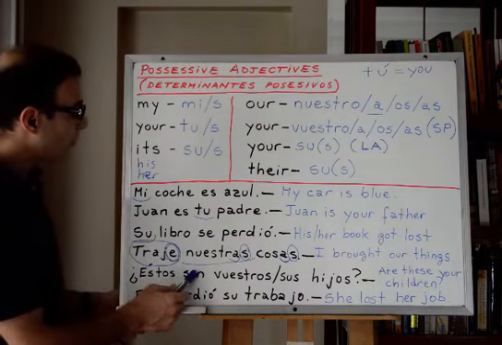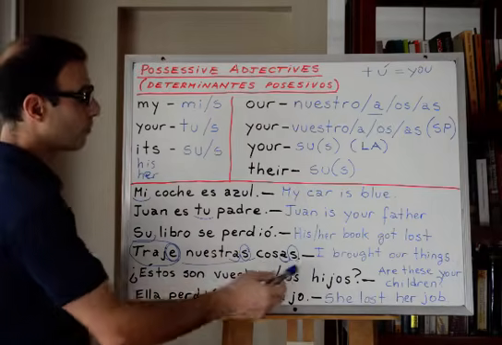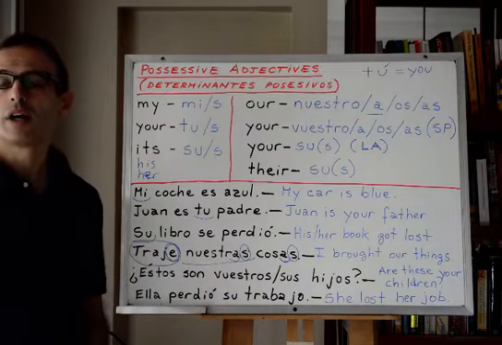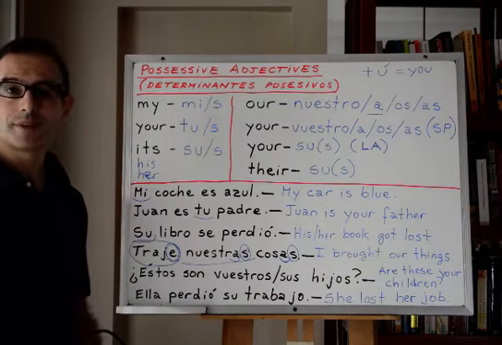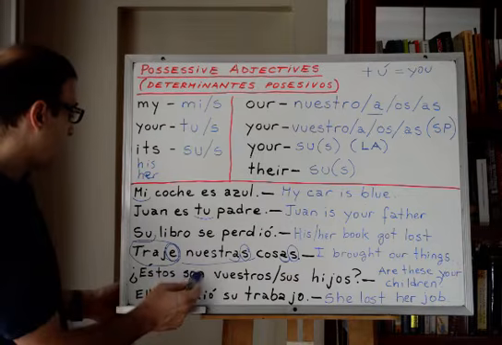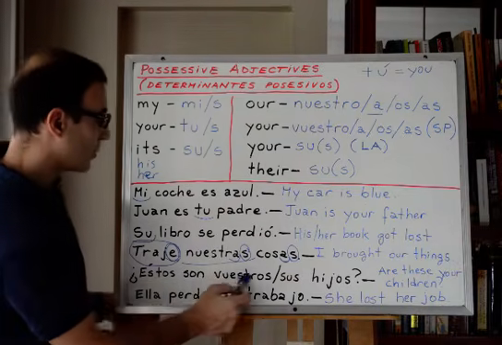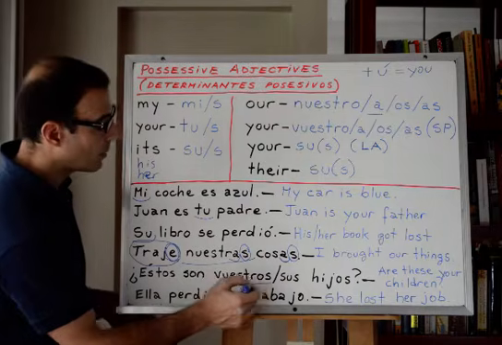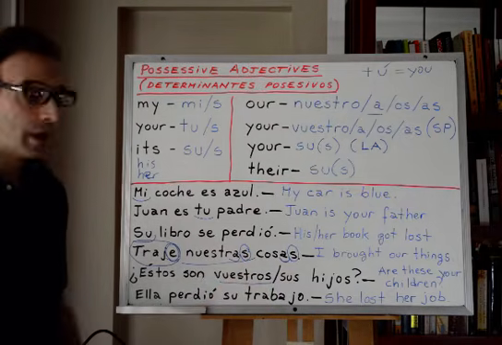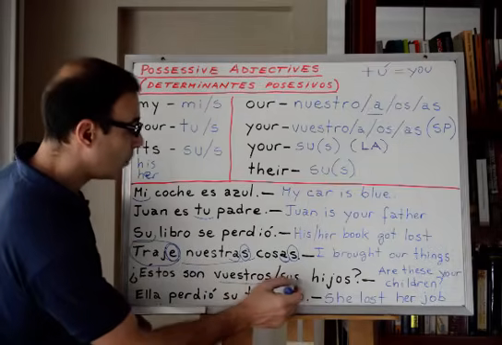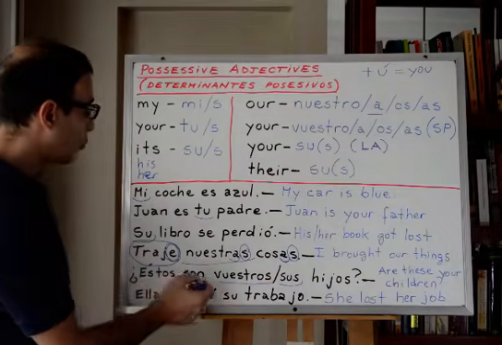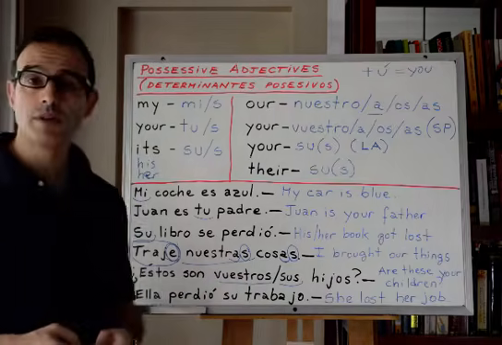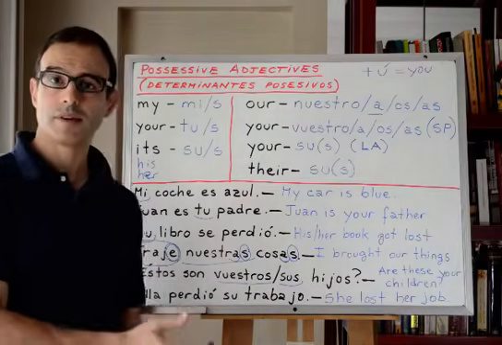Estos son vuestros hijos. This is a question. Are these your children? Now, look, I used vuestros as in Spain, but in Latin America we would use sus. Estos son sus hijos instead of vuestros. Again, let me remind you, you can use either, it doesn't matter.